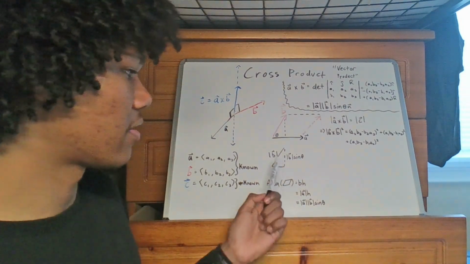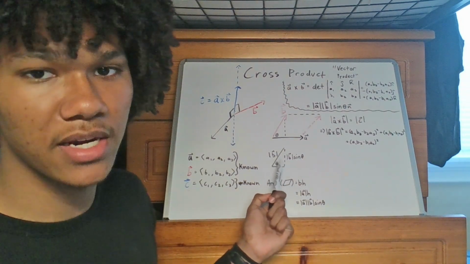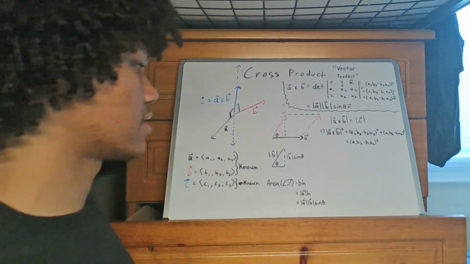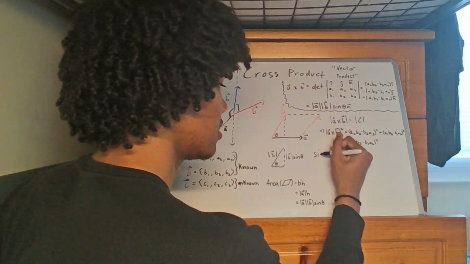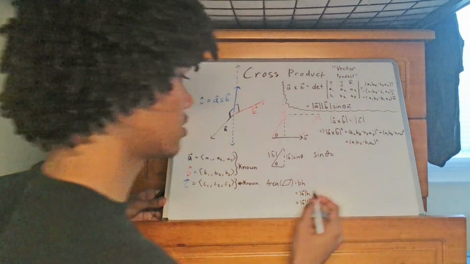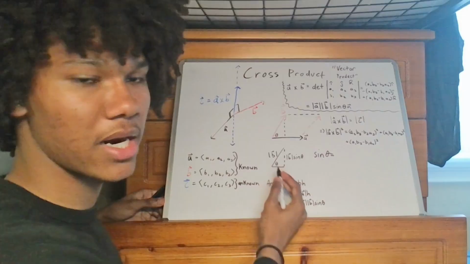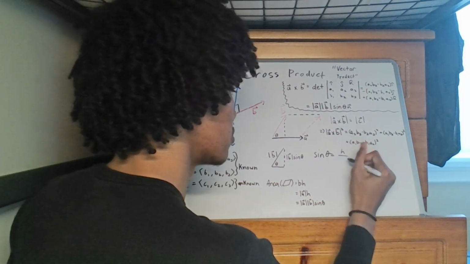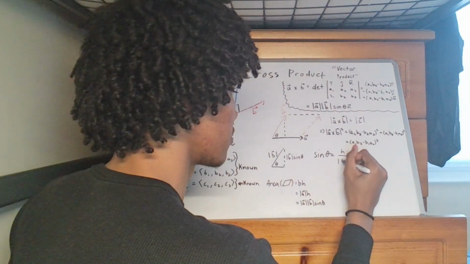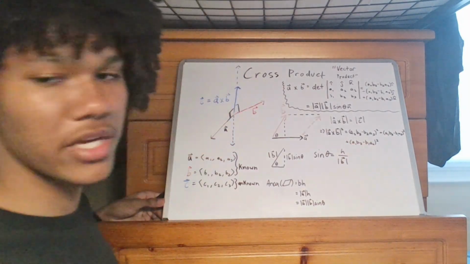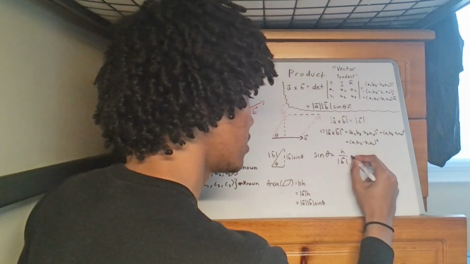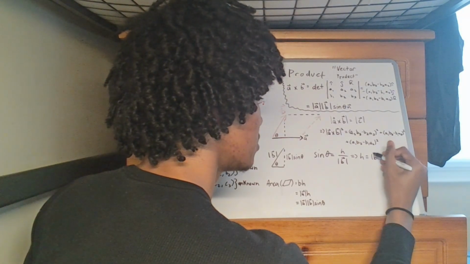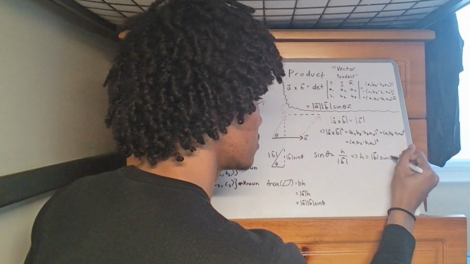Looking at the side opposite theta, which is the height, sine of theta is going to be this height divided by the hypotenuse, which is the magnitude of B. So sine of theta is equal to h over the magnitude of B. Rearranging for h gives h equals the magnitude of B times sine of theta.